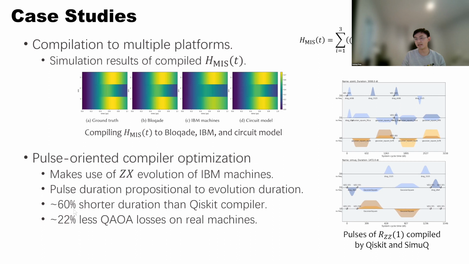On average, it takes about 60% shorter total duration compared to the QuickSgate compiler produced directly from IBM. Applying this method on the QAOA problem, we get about 22% less loss on real machines, executed on the IBM Jakarta. Here we show figures of how the pulses generated by SimuQ differ from the pulses generated by QuickSgate itself; basically, they use less total duration.